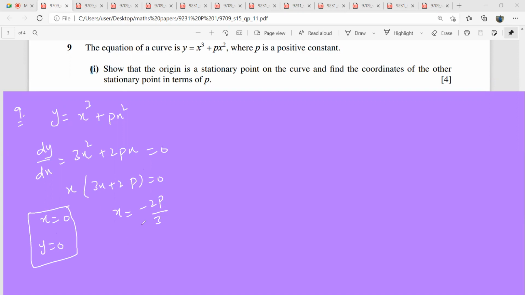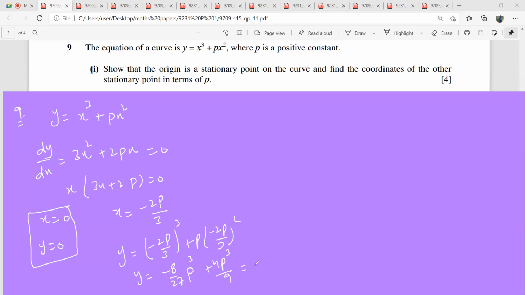And then if you put the other x into your equation, you get minus 2p over 3 cube, plus p into minus 2p over 3 square. So this is minus 8 over 27 p cube, and this is 4p cube over 9.